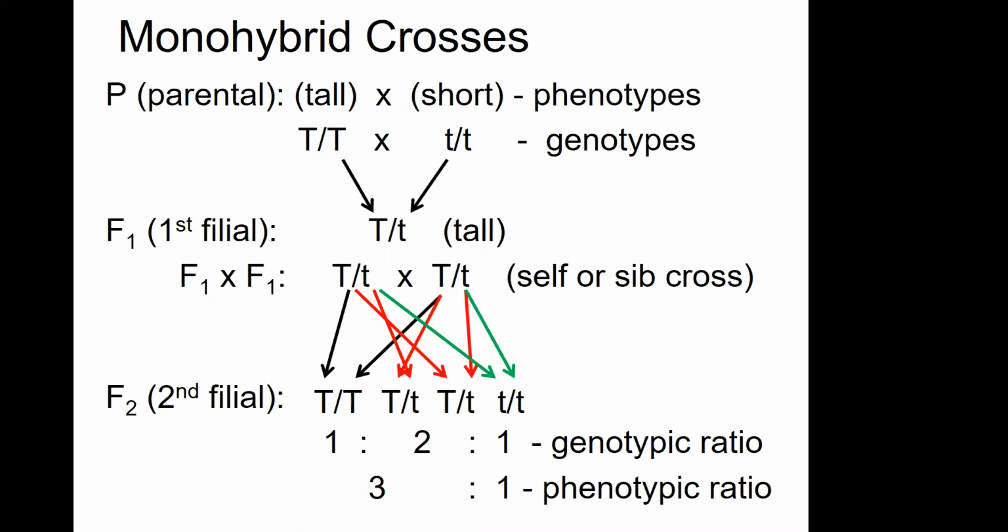We call it several things. Complete dominance is one. That's the one I usually use. Complete dominance means that the dominant version of the gene has absolute control. One copy has absolute control on the phenotype.